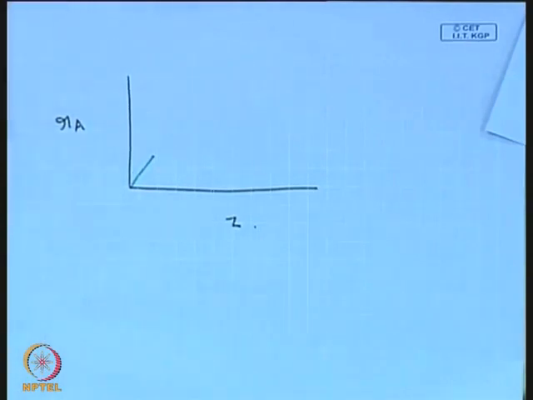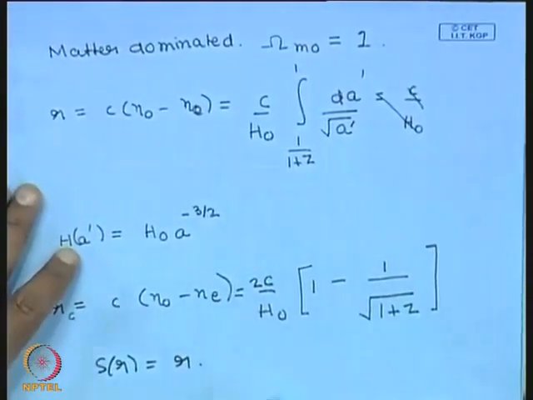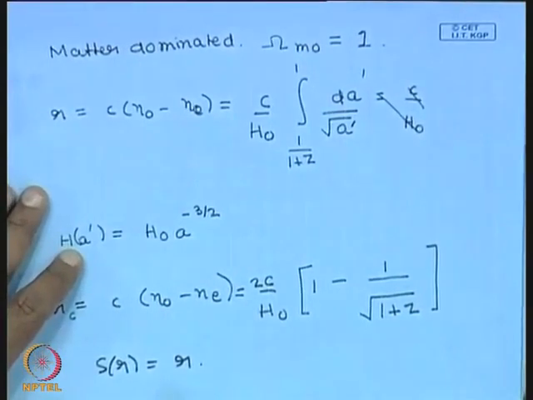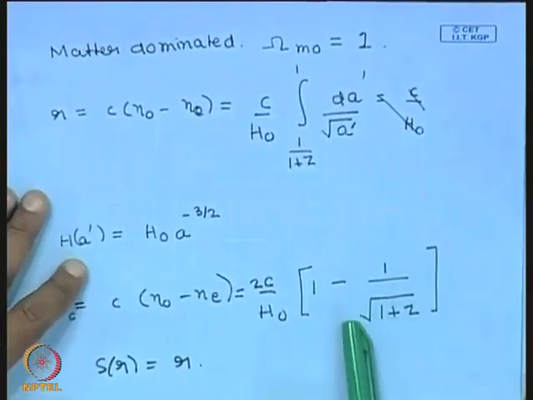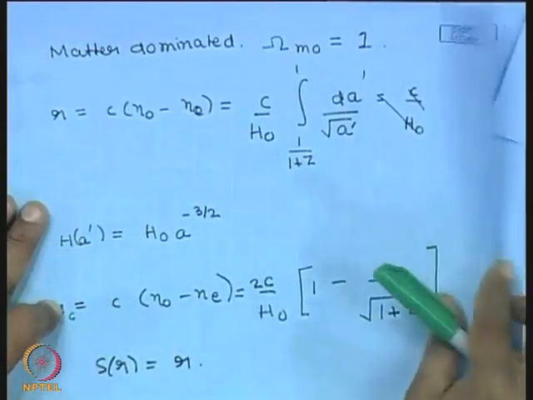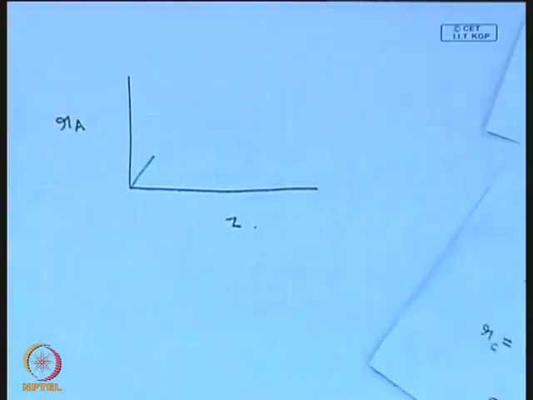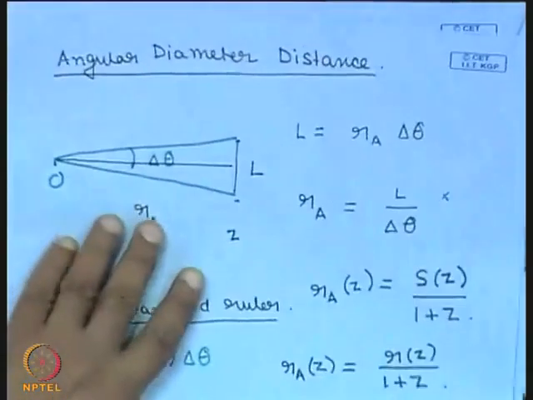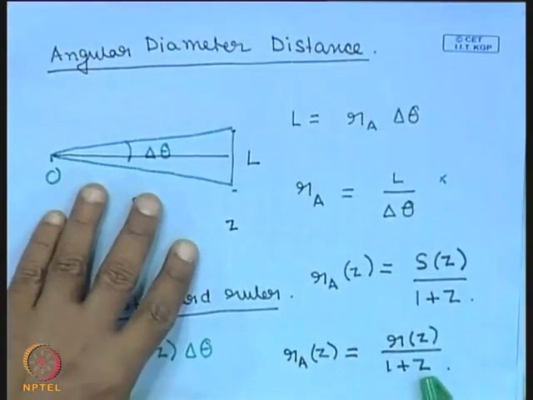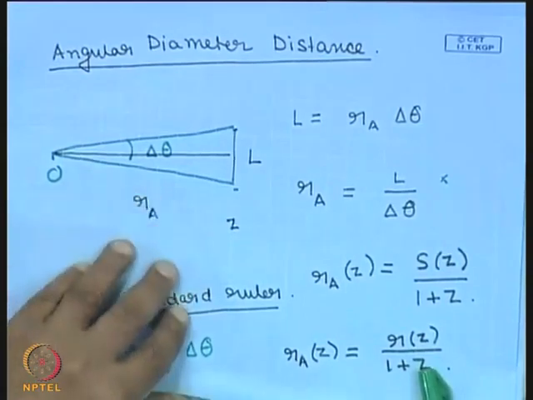Now let us look at what happens at large values of z. At large z this term vanishes from R, but the angular diameter distance is R by 1 plus z. At large z, 1 plus z is approximately z.